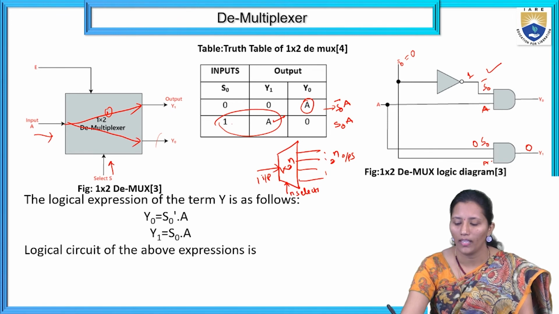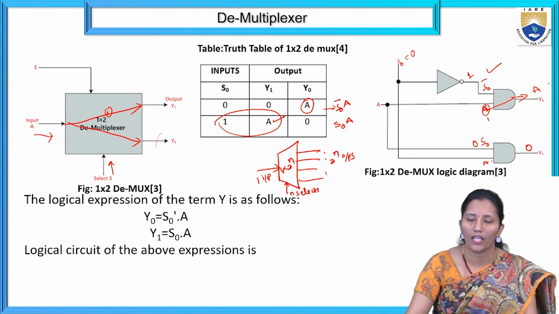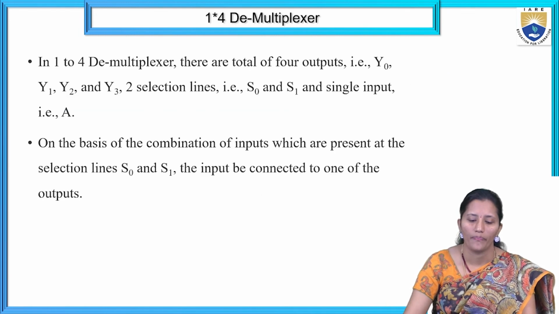For the other AND gate, one input is 1 and the other is A, so whatever A is will be transmitted to Y0. If it is 0, 0 will be transmitted; if it is 1, 1 will be transmitted to Y0. So here we get A. This is the logic diagram of the demultiplexer.